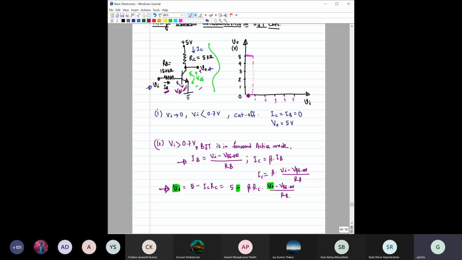For that, if you replace this output voltage by 0.2 volt, then you will get it.